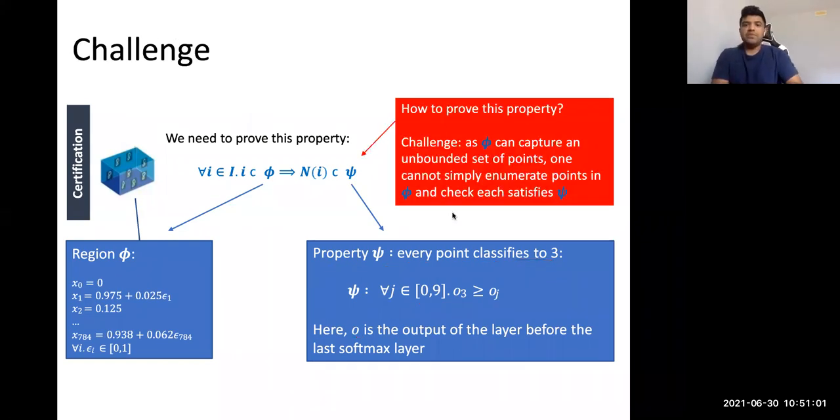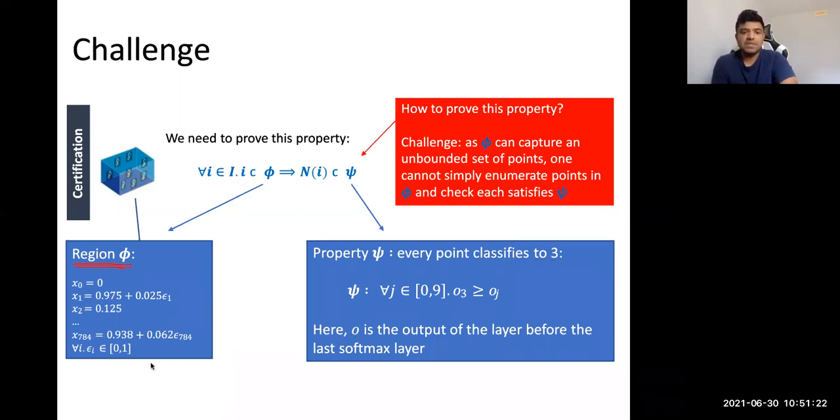So how do we prove this property? Our region here could be unbounded, or even bounded but with a very large number of values, a very large number of inputs or points, and it's almost impossible.